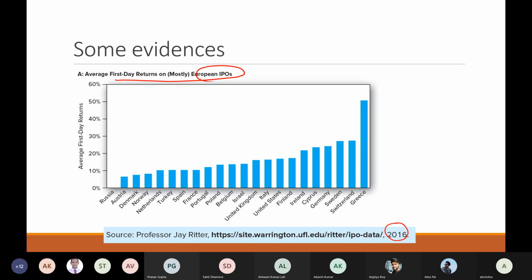This is a paper by Professor Ritter, a well-known professor who has written various articles whenever we talk about initial public offerings. In Greece you will find returns are high, whereas in Russia the first day returns were low.